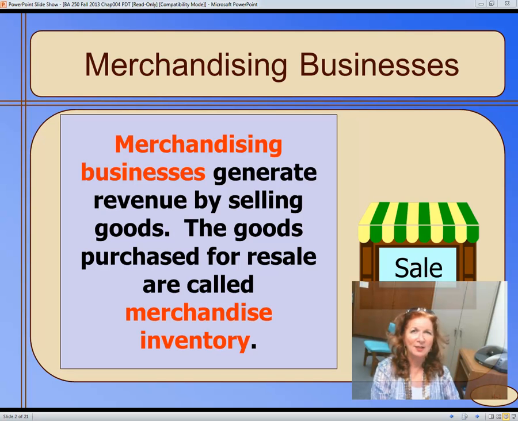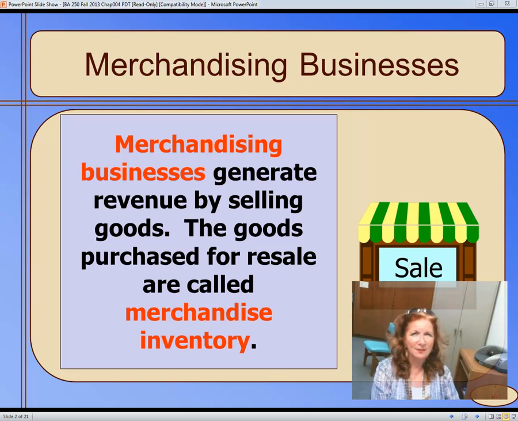I just ask you to think about maybe some businesses that you know. Maybe you've been in a Nordstrom, and the selling operation in Nordstrom is much different in contrast to the selling operation in Costco or Walmart.